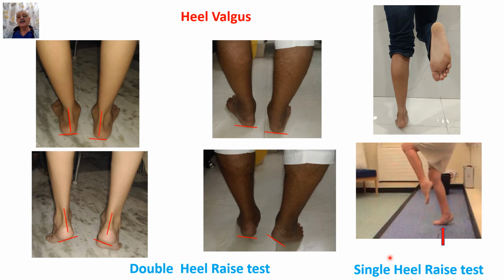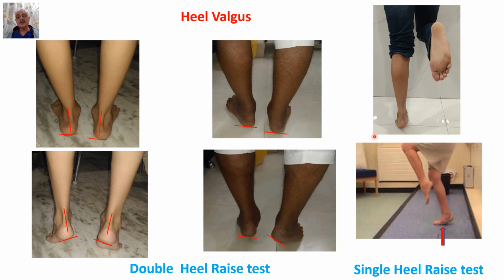The single heel raise test is another test to see if on raising the heel it inverts or stays in valgus. Apart from that, in the single heel raise test, the patient may be able to do a single heel raise, but if you ask the patient to repeatedly do it, then after some time it is impossible and the patient cannot do the single heel raise.